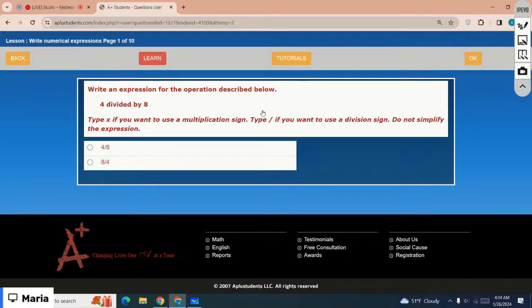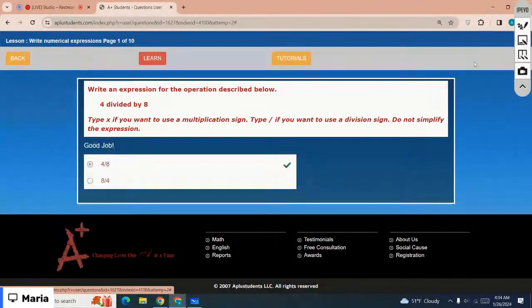Yes, that is 4 over 8, because you have to divide 4 by 8, so that is 4 over 8.